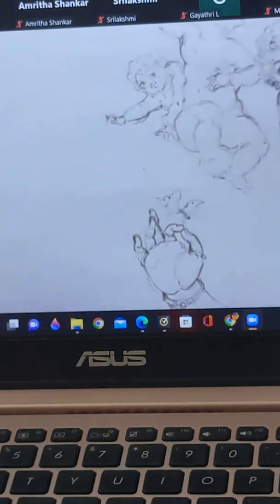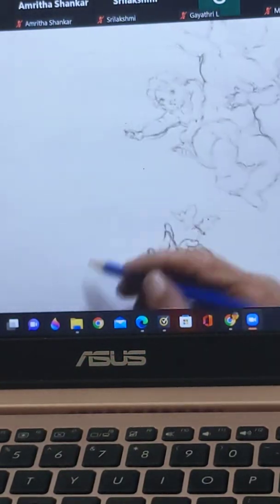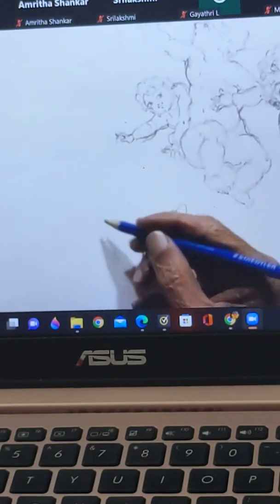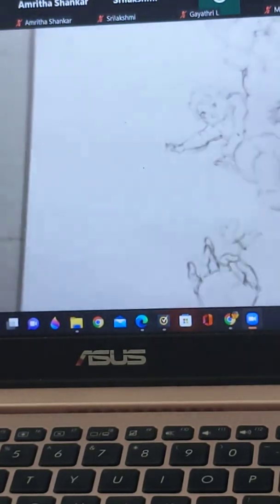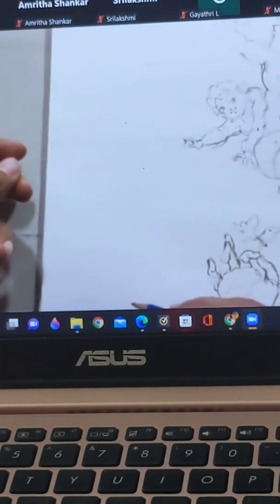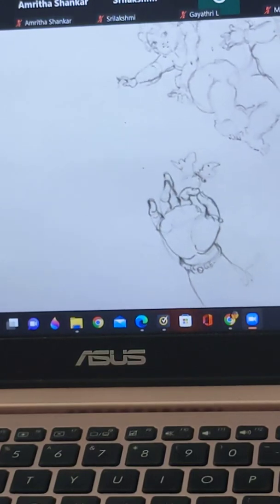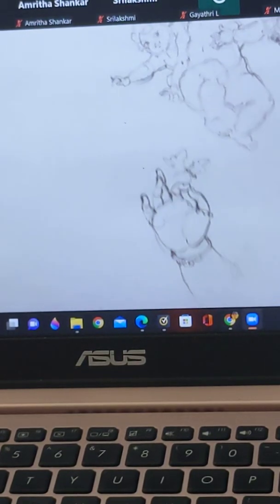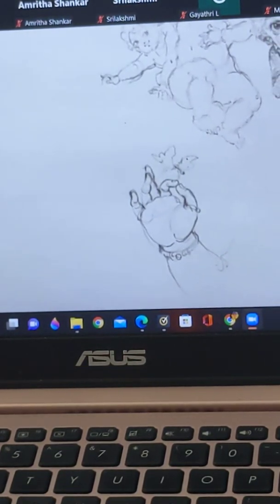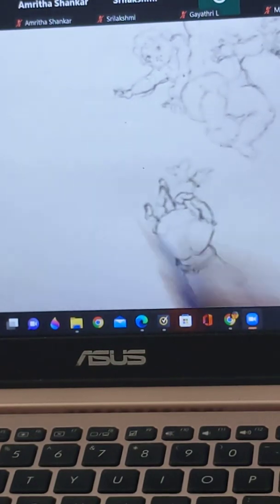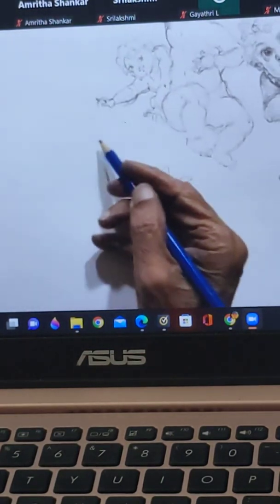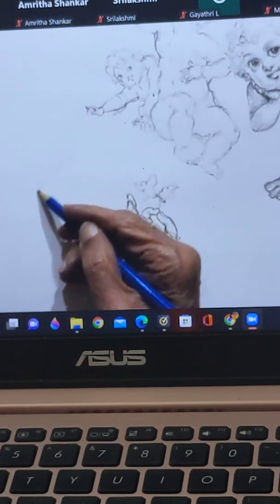So he says there's a lot of difference when you need to get the body language right. Like now he just showed you, if you hold the pencil like this, it shows a rough gesture. However, if you hold it like that, it's a very mild and soothing gesture. That is something you need to observe and get on the paper when you're drawing. Make sure you're observing these details as well.